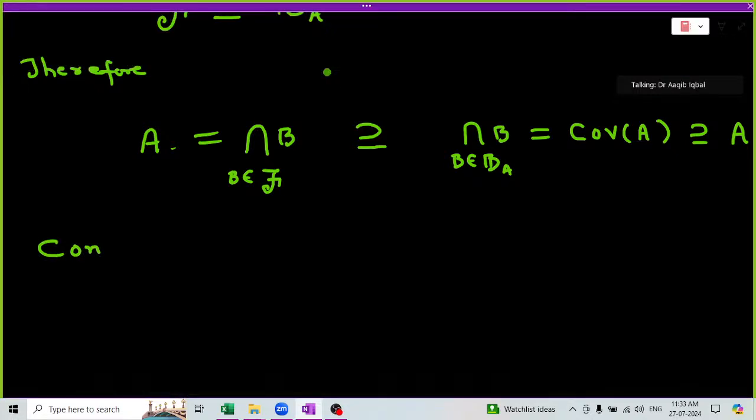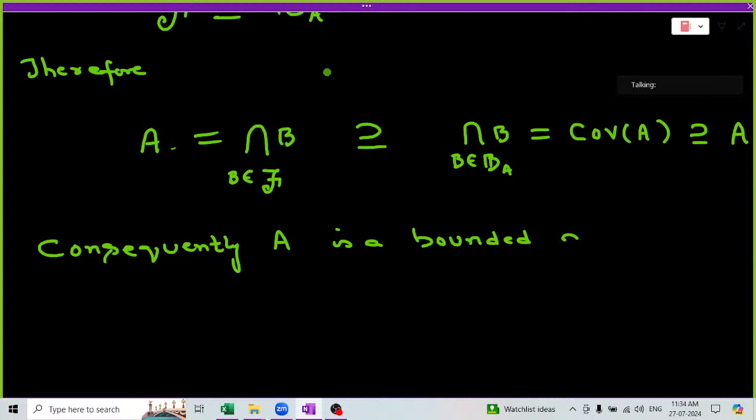Consequently, this A is a bounded admissible set. Admissibility, according to our definition, means A should be equal to the cover of A, and that is happening. But how does boundedness come in? Can any of you tell? It's a bounded admissible set.